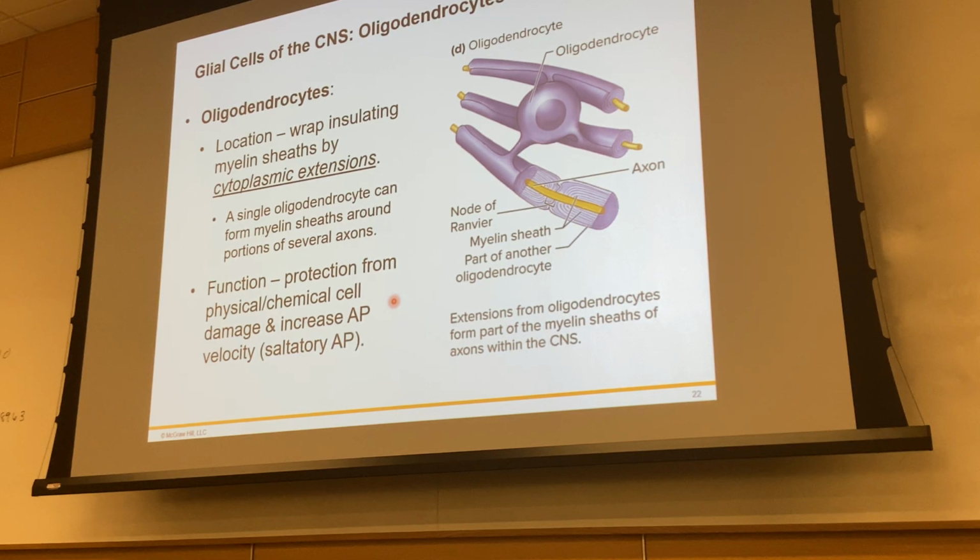The second thing is that the oligodendrocytes, and the myelin in particular, help do two things. The first is they help physically and chemically protect the axon from damage, so that if there's any pulling or prodding, it's basically a wrapping of the neuron itself.